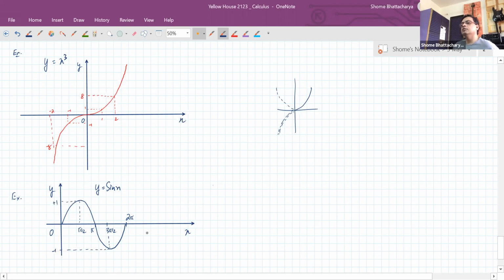So again, the whole thing will go from 2 pi to 4 pi in the same way. In the same graph, if we compare y equal to cos x, so that looks like this now. So trigonometric graphs are also very interesting, and so these are examples of graphs of trigonometric functions.